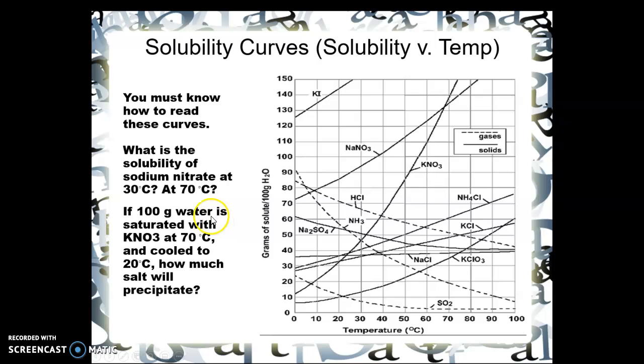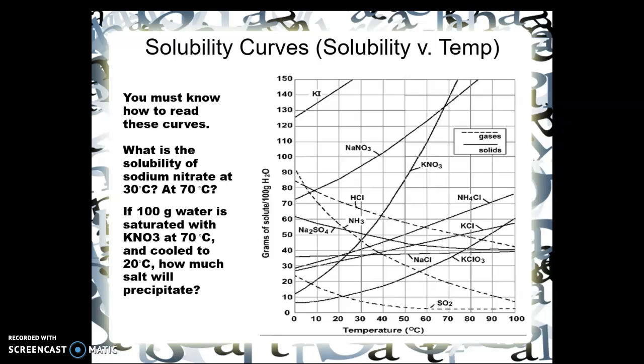Also, you see questions like: if 100 grams of water is saturated with potassium nitrate at 70 degrees and cooled to 20 degrees, how much salt will precipitate? Well, you go here to the 70-degree line, you come up to the potassium nitrate line, which is just a little higher than sodium nitrate, and you read that off. Let's just say 140, it's close.